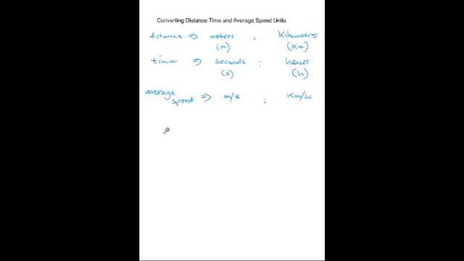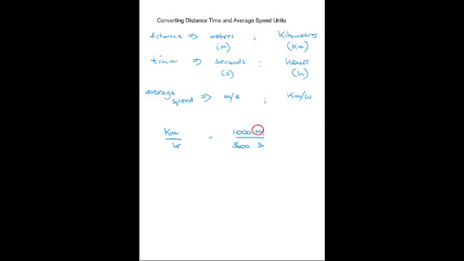Now, it is very important that you understand how to convert between these two units. For example, how do you convert kilometers per hour to meters per second? And let's have a look at that very quickly. If I take kilometers per hour, I know that that is in fact equal to 1000 meters per 3600 seconds, because there is in fact 1000 meters in a kilometer and 3600 seconds in an hour.